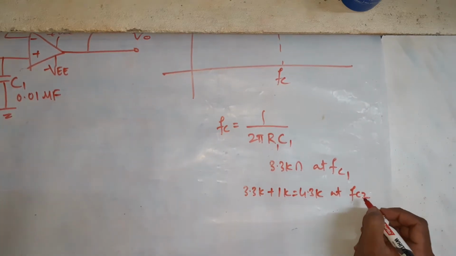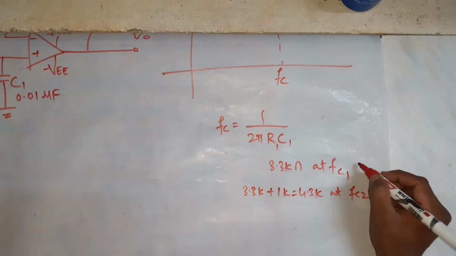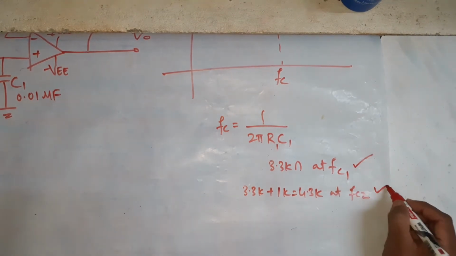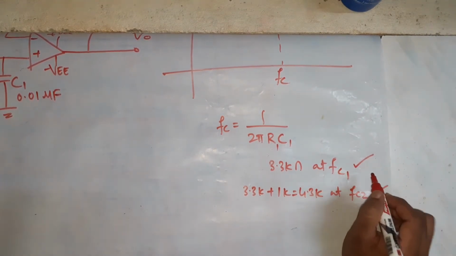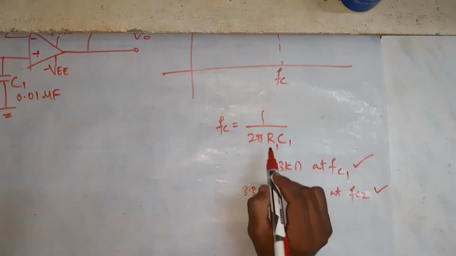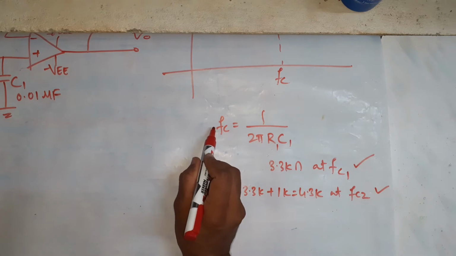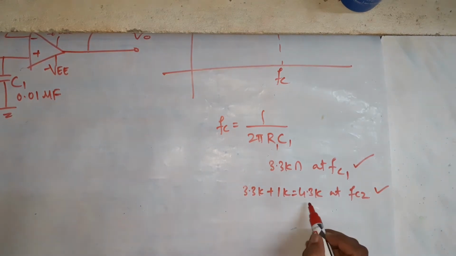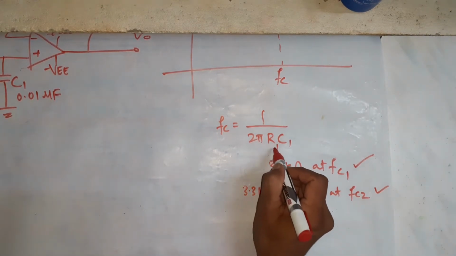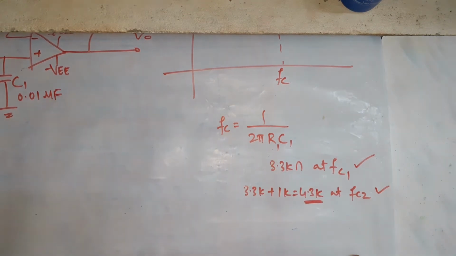This will be your FC2. Your frequency is going to change. FC1 is different from FC2. This is what he is asking. Which is minimum, which is maximum now? For a lower value of resistance R1, you will have maximum cutoff frequency, and for a higher value of resistance, you will have minimum cutoff frequency.